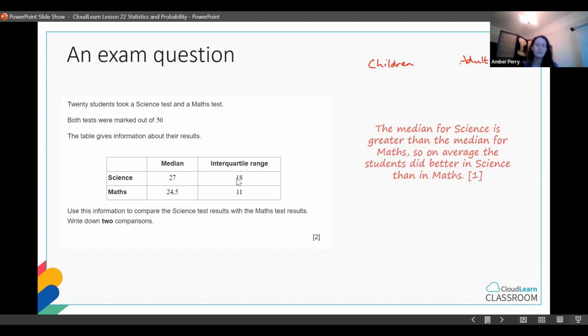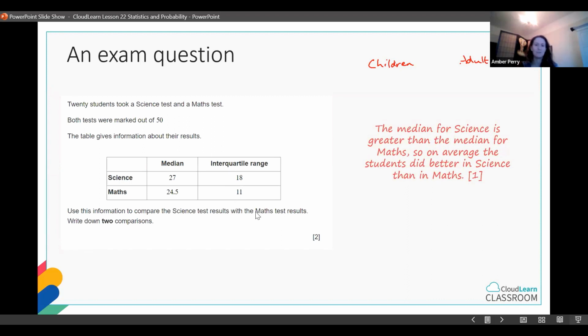And then we also need to discuss, what does the interquartile range mean? Well, the interquartile range is also higher for science, but this doesn't necessarily mean students have done better. It actually means that there's more variation in the results. So it means that while some students might have done really well, some students might have also done really badly. Whereas in maths, they were a bit closer together. So even though they didn't do as well, they were all kind of at a closer range.